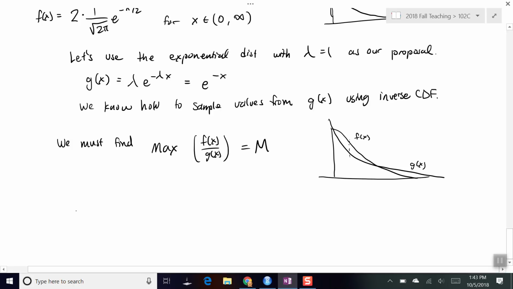All right. So this is a little bit of work here, but it's going to be the max value of 2 over 1 over root 2 pi times e to the negative x squared over 2. That's the f of x on top. And the g of x is going to be e to the negative x.